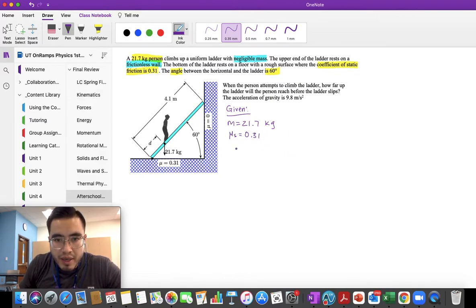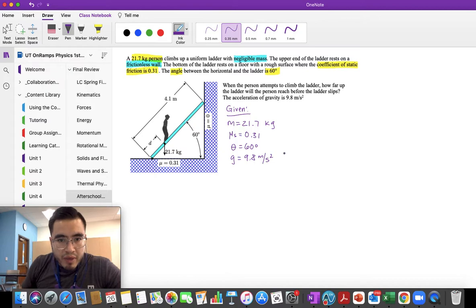And then we have theta, 60 degrees. And we have acceleration due to gravity, that is from the text, meters per second squared.